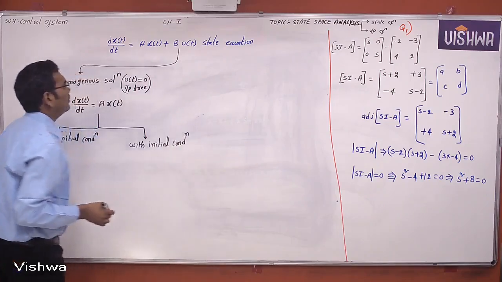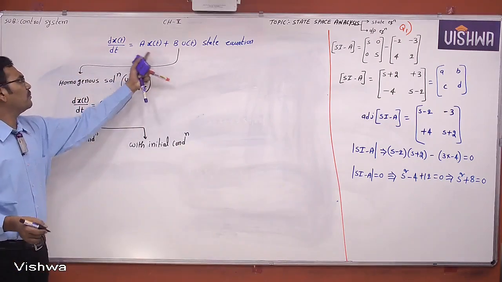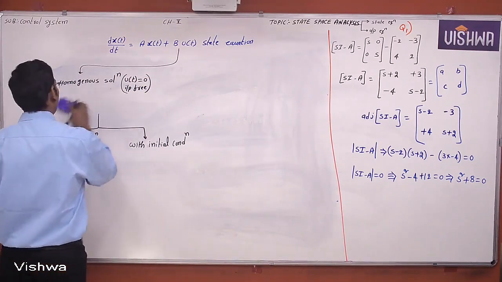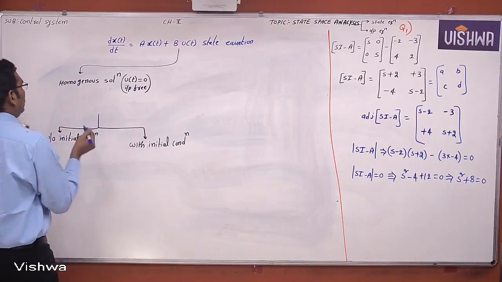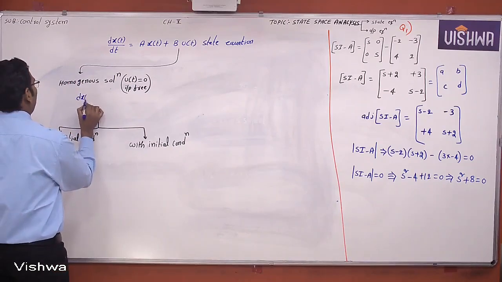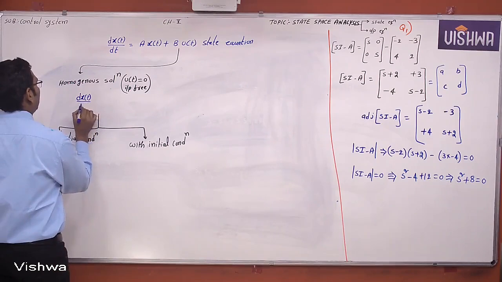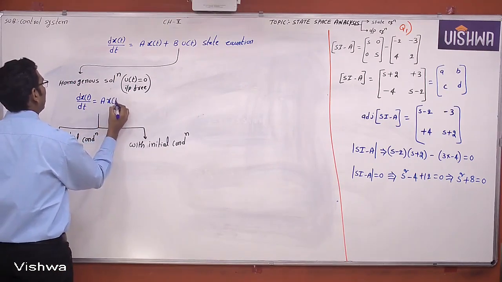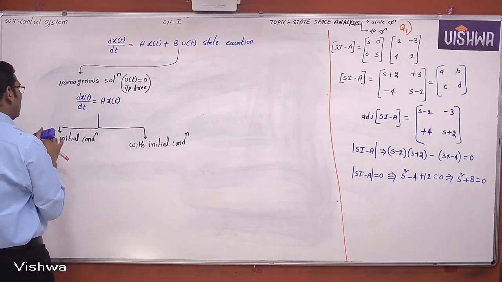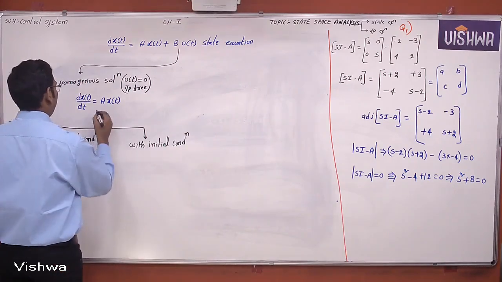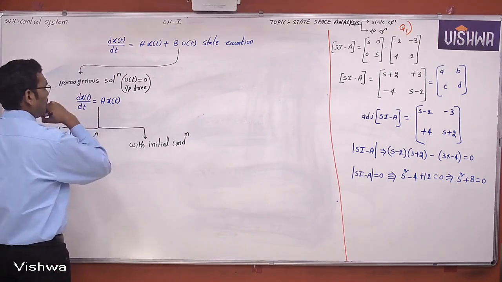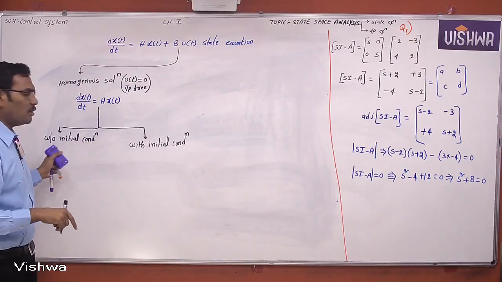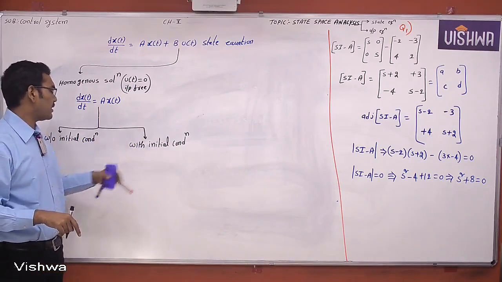Listen carefully: input free means first you remove the input, so the equation is dx(t)/dt equals A x(t). This is the input-free condition. Again there are two cases, without initial condition and with initial condition.